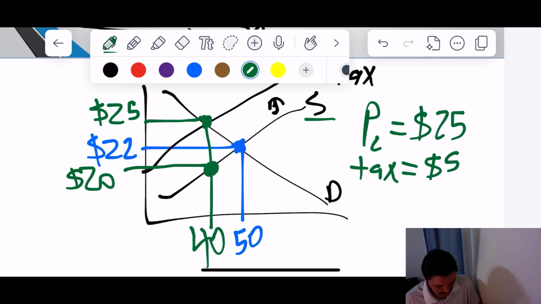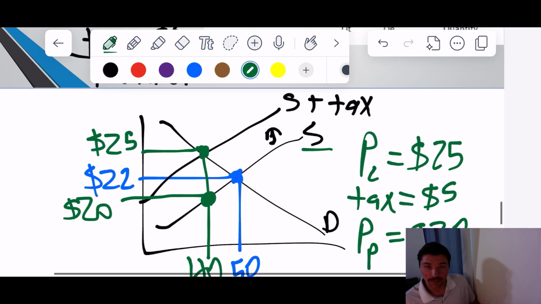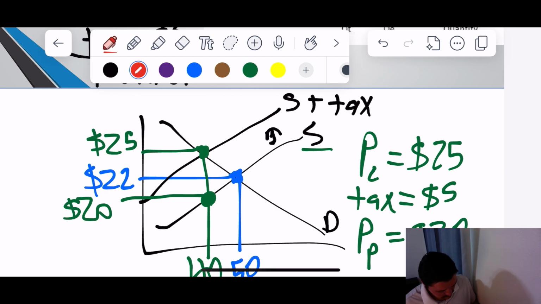So that means the producer price is now 20. All right? So looking here, going back to efficiency and surplus, the area below the demand curve and above price, this is your consumer surplus, right? Now what about producer surplus? It's everything above the supply curve and below price.